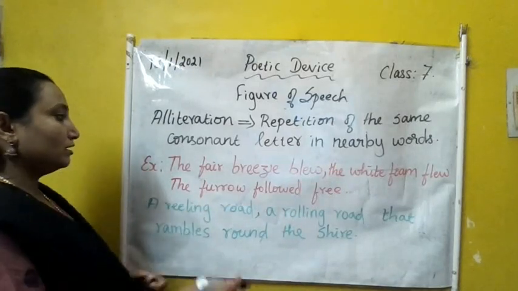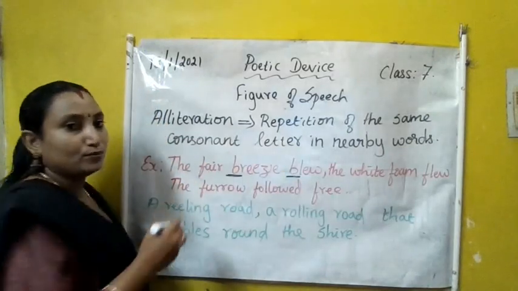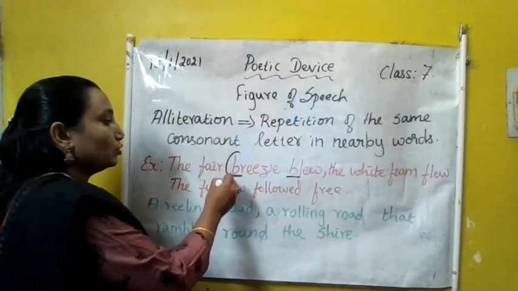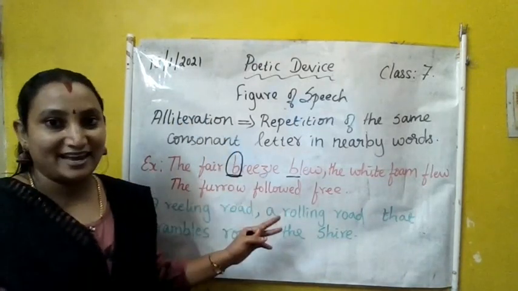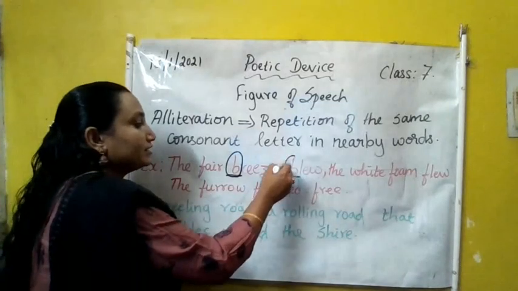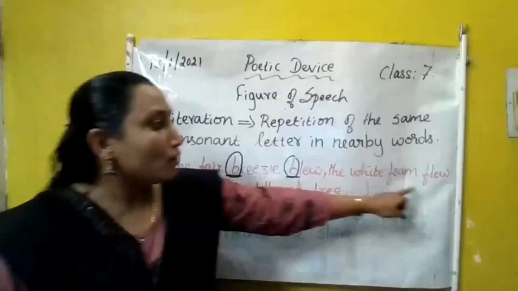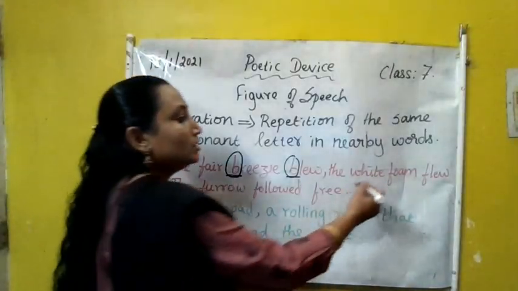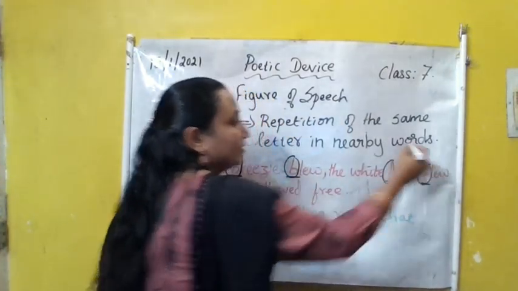Look at the word breeze, B. Breeze and blew, both are repeated. The B letter is repeated in the line, isn't it? So this is the first alliteration in this particular line. Next one, foam flew. The F sound is again repeated. So this is the second alliteration used in this particular line.